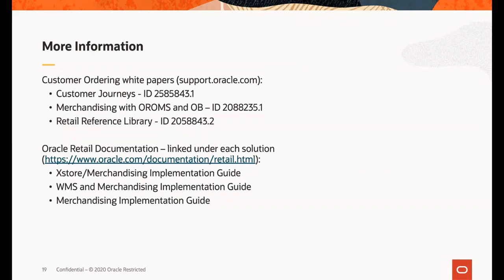The sales audit implementation guide also has a fair number of details around some of the components within sales audit that are used as part of this process. So the item level status of ORI and ORD, and some of the other things that it does around customer ordering. So also worth taking a look at that.